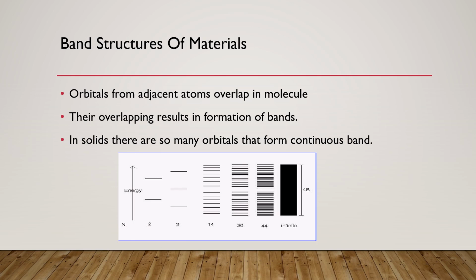You know that in a solid there are so many molecules and atoms that overlap, and their overlapping results in such a continuous band formation. When the number of atoms in a molecule increases beyond 48, they will appear as a band, which is shown here, and infinite is written below, which means that there are many more atoms present here.